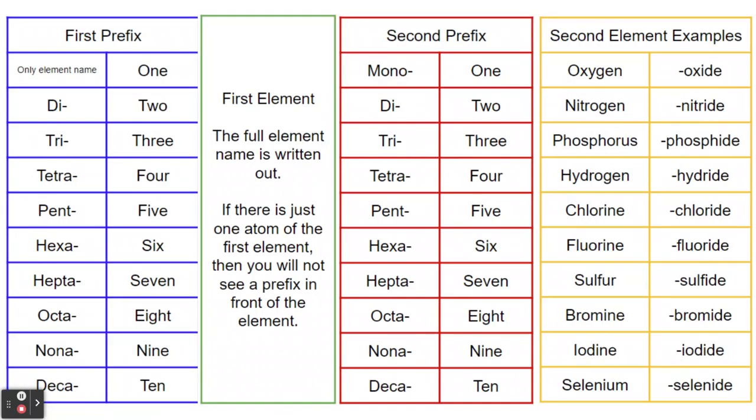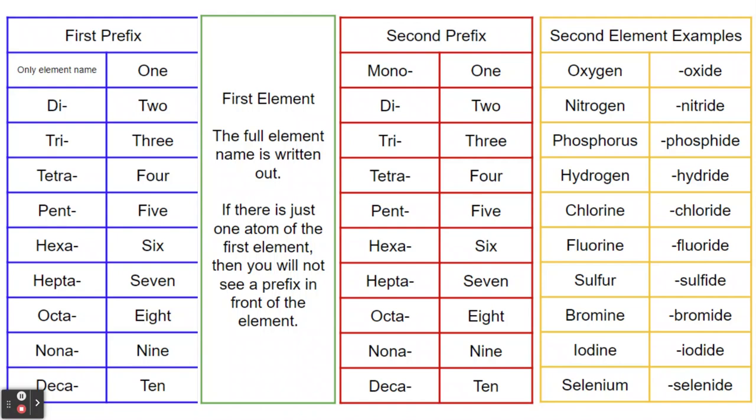So this slide is really great at summarizing this all. Now, if we only have one of the first element, we aren't going to say anything in front of it. For example, carbon monoxide. That tells us we have one carbon, and then monoxide is going to tell us we have one oxygen. All right, so you do need to memorize these prefixes. You do need to remember these rules.